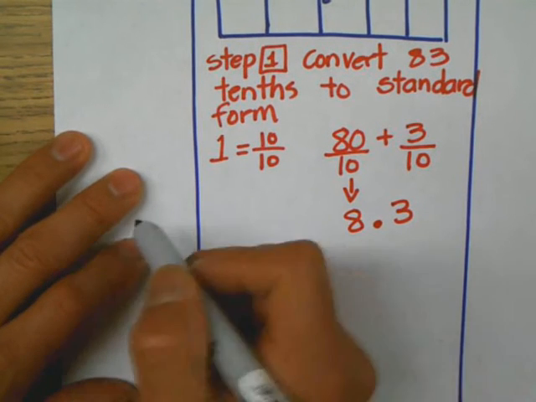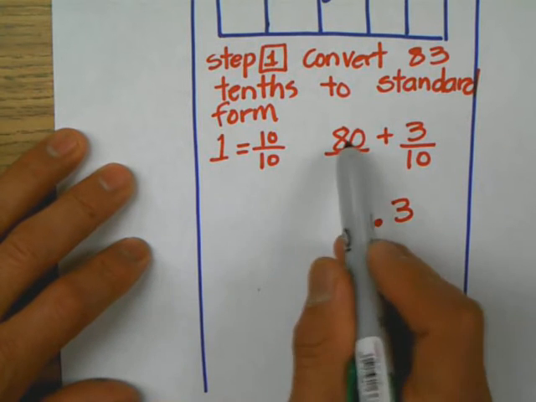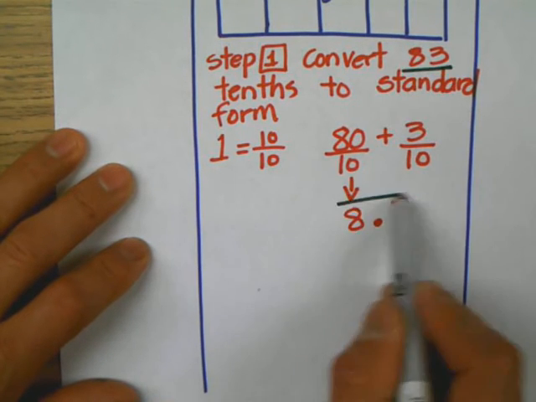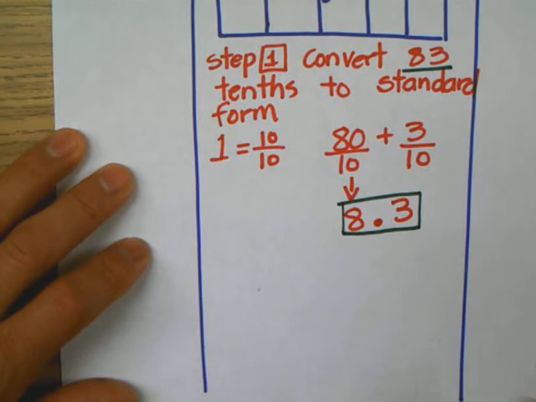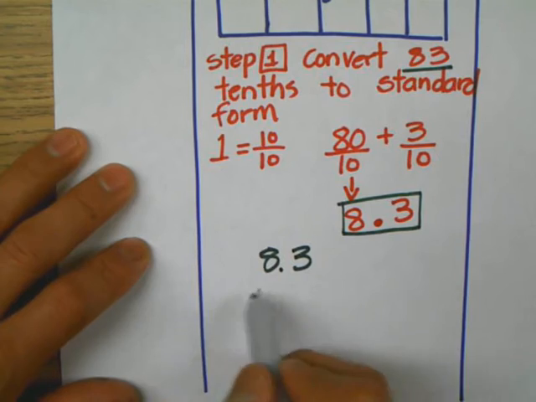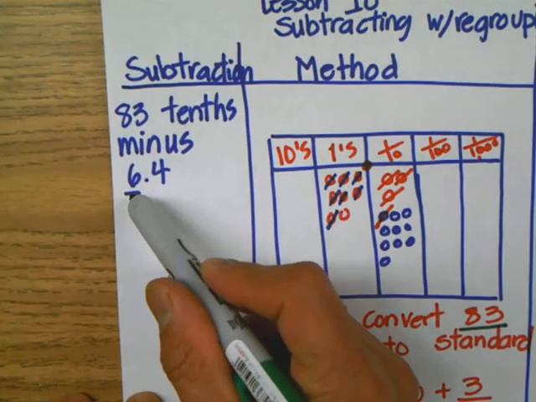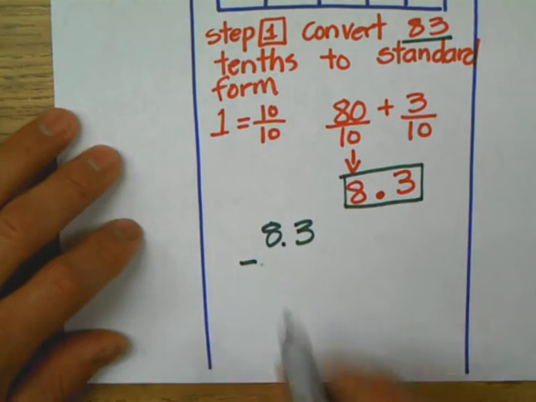Now, we converted 83 tenths into 8 and 3 tenths, right? So here's the 8 and 3 tenths minus, let's look at our problem. Our problem says 6 and 4 tenths. So we're going to move up and write 6 and 4 tenths.